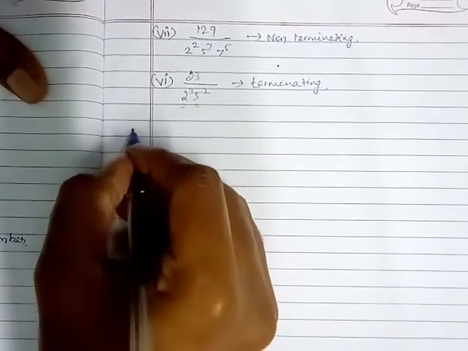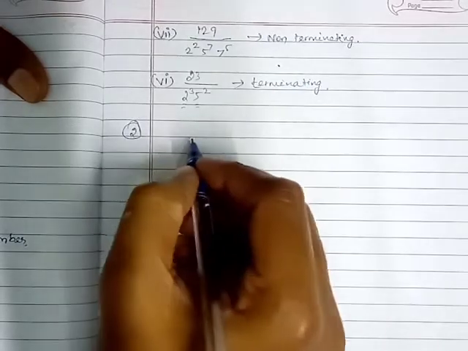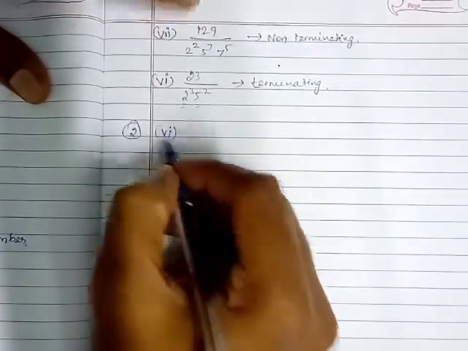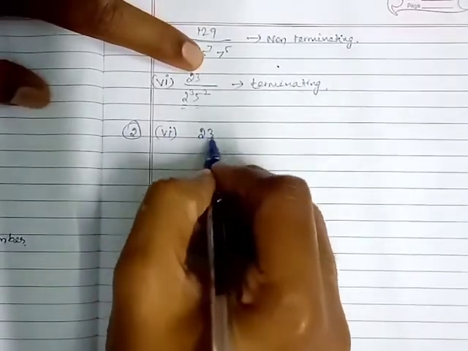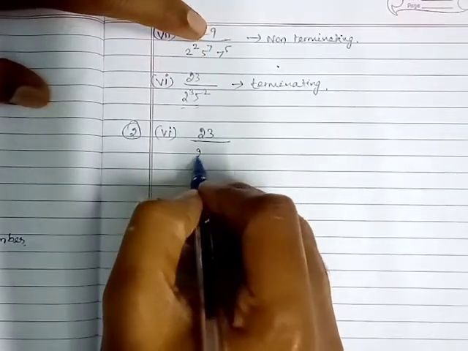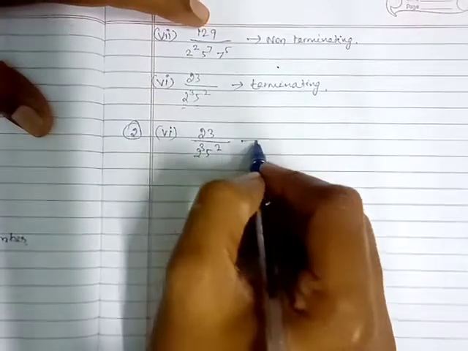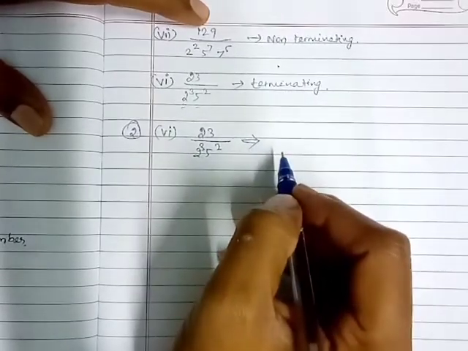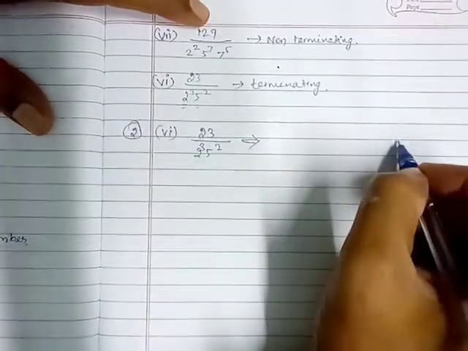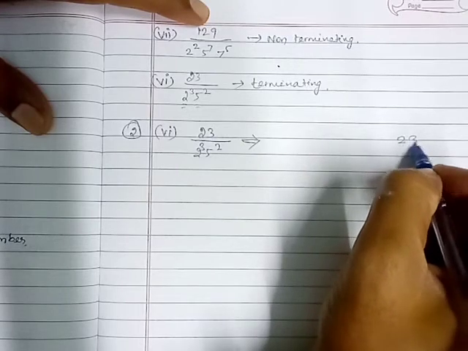Take this one for example. For question number 2, we will take the fourth one: 23 by 2 cube 5 square, right? What you have to do is the division method.